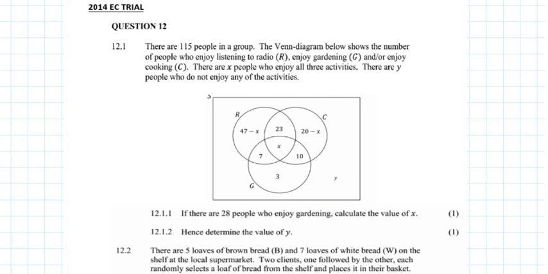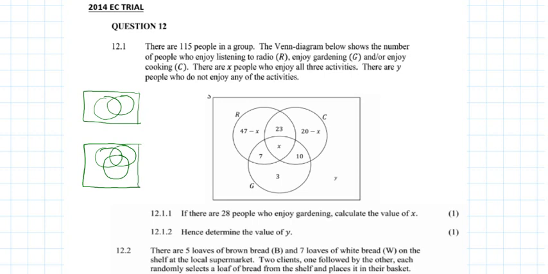Now, how many sections do we have when there are three sets? When we have two sets inside the sample space, we have 4 partitions: only A, A and B, only B, and the people outside.